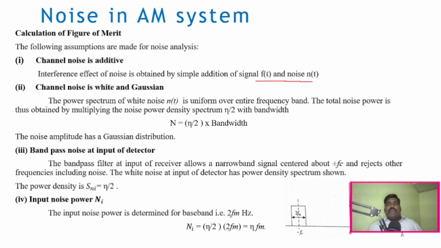That's because white noise has a uniform power spectrum over the entire band, right? So the power spectral density can be given as eta divided by 2, and the total noise power can be obtained from this particular calculation, eta by 2 into bandwidth.